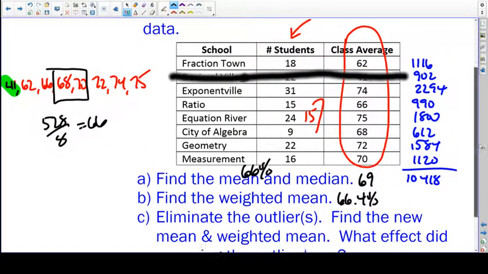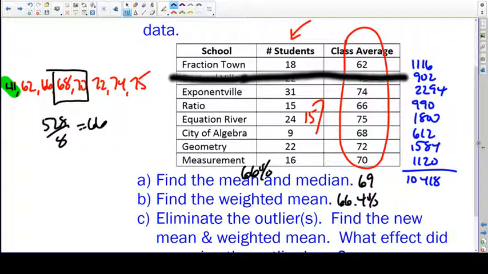The mean itself will be pretty straightforward because we can just add up all those numbers. So, go ahead and do that here.